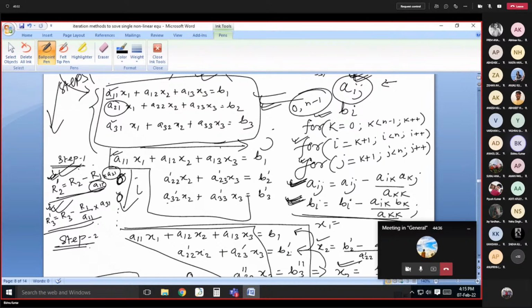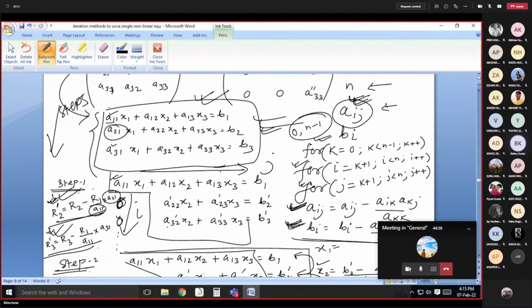This one, up to actually the main work is: take n, suppose printf n is the number of equations. Then you just take row wise all the elements with the help of 2 for loops, because this is 2 dimensional. Then within a loop, 1 for loop, you just take all input of right hand side bi.